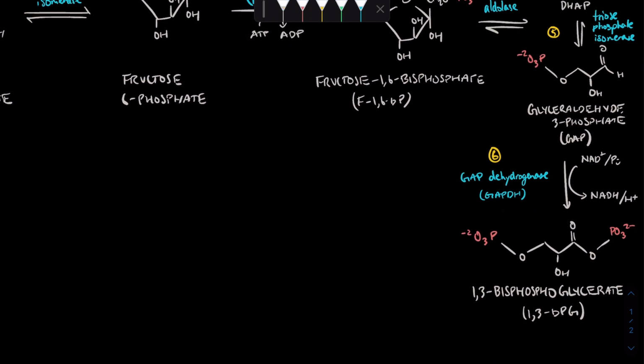So yeah, we're going to oxidize the GAP to make 1,3-BPG, 1,3-bisphosphoglycerate, and we're going to use up one of our electron carriers. We're going to use up NAD plus and a phosphate group, and we're going to reduce it to NADH and H plus. And this phosphate group is what gets tacked on to our other side there. The enzyme that does this is called GAP dehydrogenase, also called GAPDH sometimes.